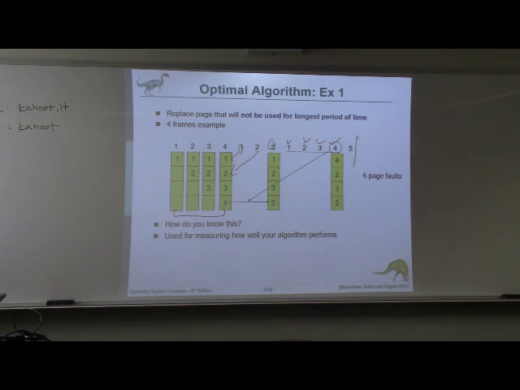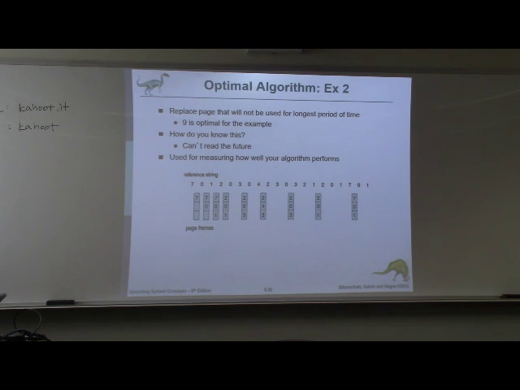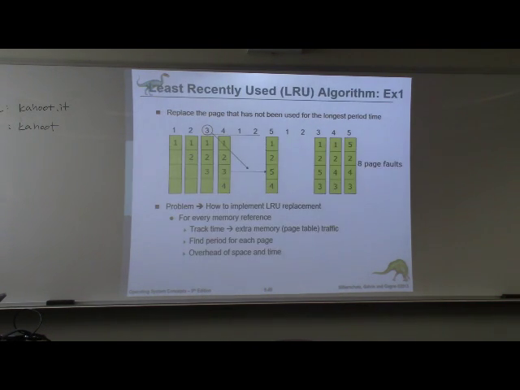For example, if I have a new algorithm for page replacement, you can compare its performance with this one, such as the average page fault count for the given page string. Okay, and this is the optimal algorithm. Why don't you practice the other one? Then we briefly take a look at the least recently used algorithm.